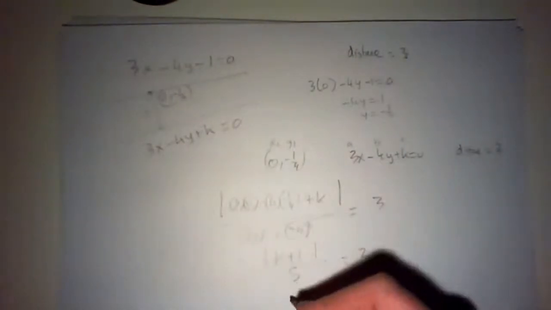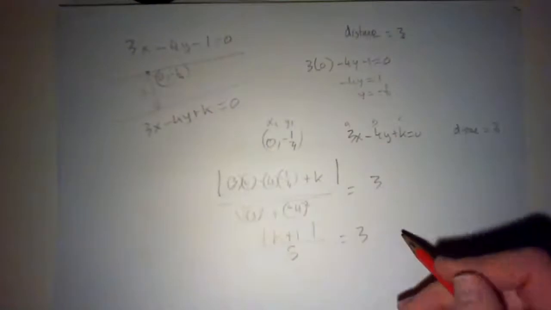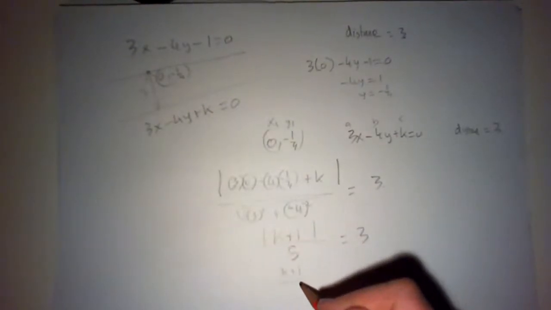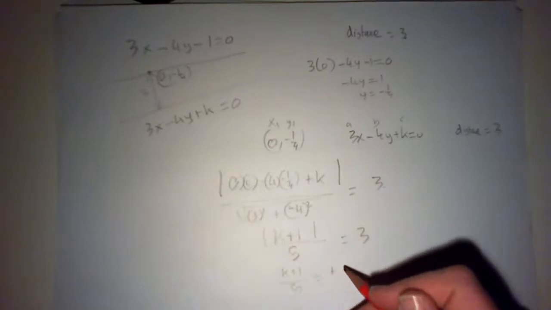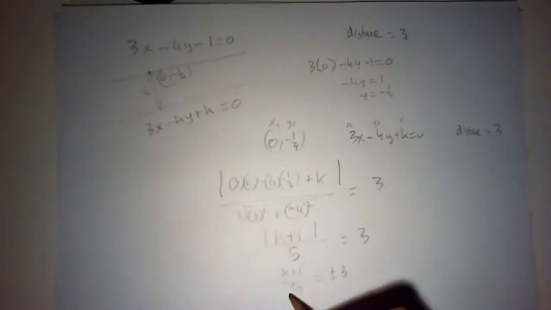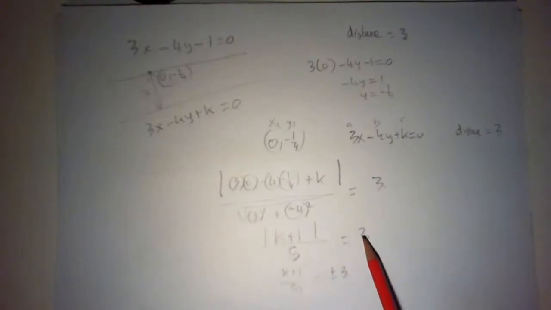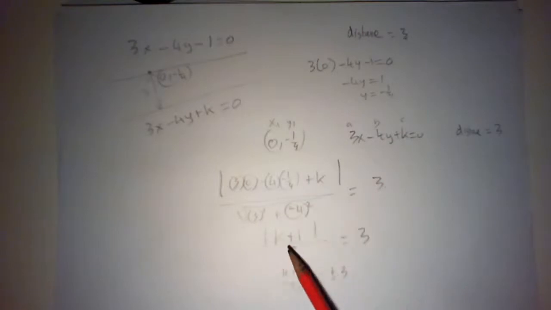You can get rid of the absolute value if you want, and then just decide that this could be a plus version or the minus version of 3, and then solve for both versions. Or you could cross multiply and then square both sides and get a quadratic and solve it like you've done before a million times.